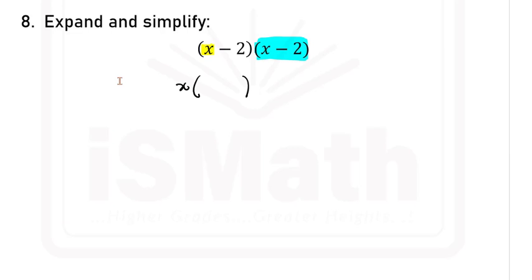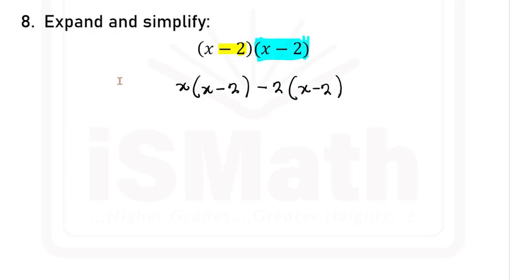So I'm going to do that by doing x minus 2. Write down the second term inside the first bracket, minus 2. And then I would open this bracket to write down the same things in the bracket. So we have x minus 2.